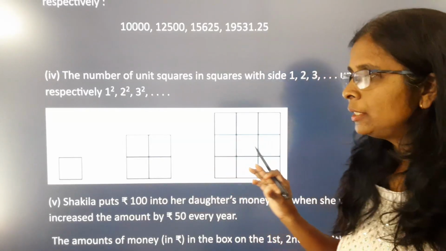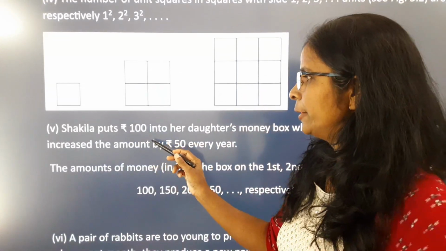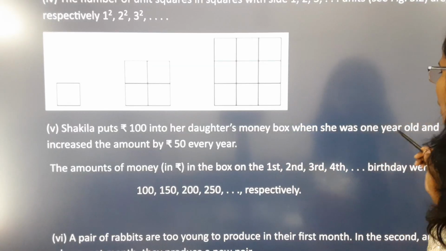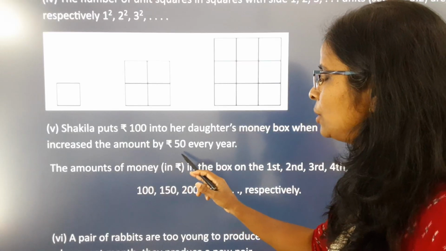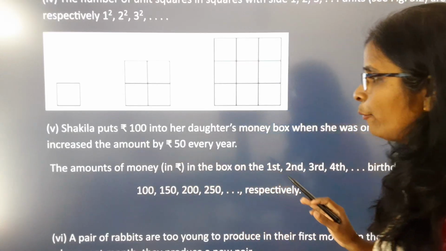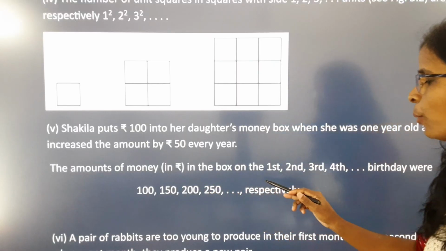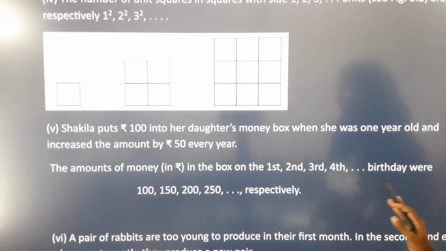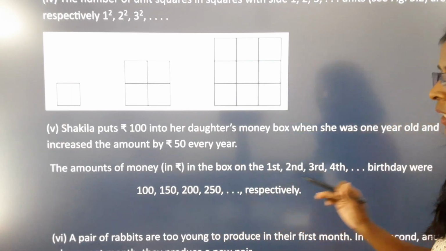Now the fifth example: Shakila puts ₹100 into her daughter's money box when she was 1 year old and increased the amount by ₹50 every year. The amount of money in rupees in the box on the first, second, third, fourth birthday was 100, 150, 200, 250 respectively.